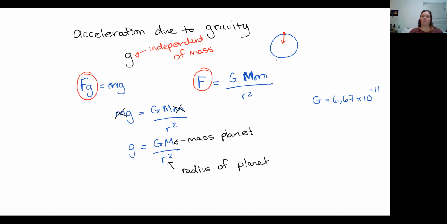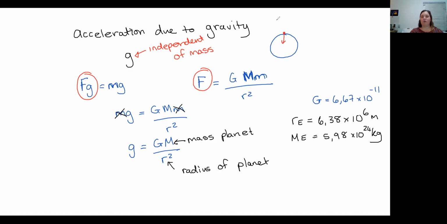On Earth, if you remember when I showed you the data a little while ago, and I've just quickly got to find where I put it, the radius of the Earth is 6.38 times 10 to the 6 meters, and the mass of the Earth is 5.98 times 10 to the 24 kilograms.